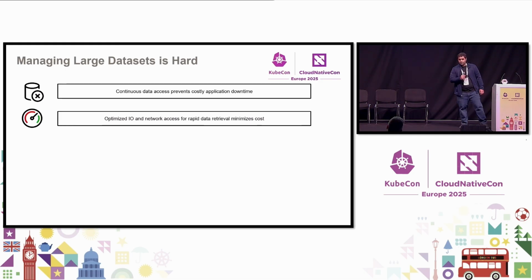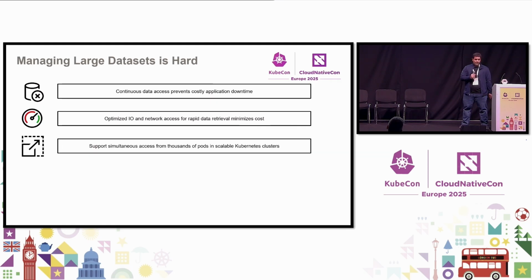We also need to make sure that when we do access the data, it's actually fast to access. Additionally, because we're dealing with Kubernetes clusters, we obviously need to be able to scale up our access. If we're not able to scale up to thousands of nodes, then we're not going to be able to use this data effectively when training AI models or any other thing that requires large data sets.